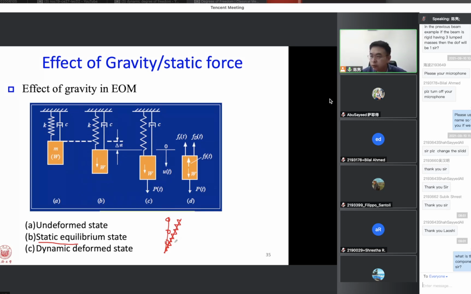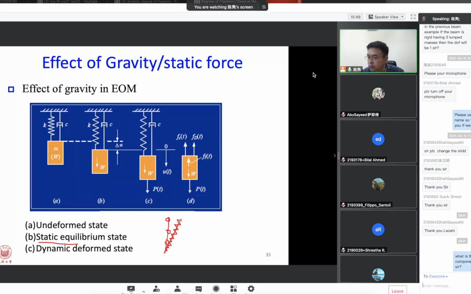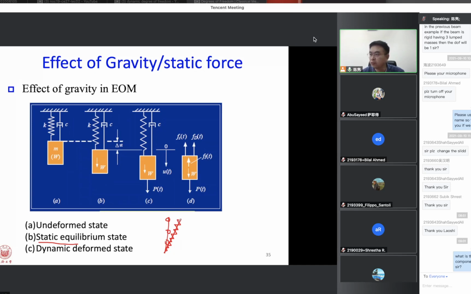So in this way, you can simplify the analysis into two parts. One is the static one, one is the dynamic one. So this is the static one. First, you can calculate the static position here. Then you can calculate the dynamic one.